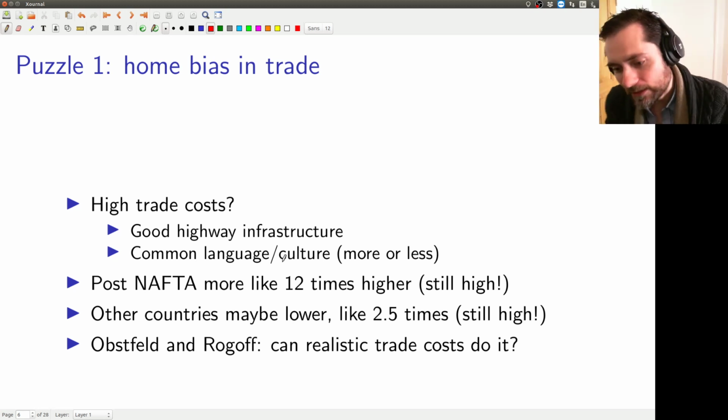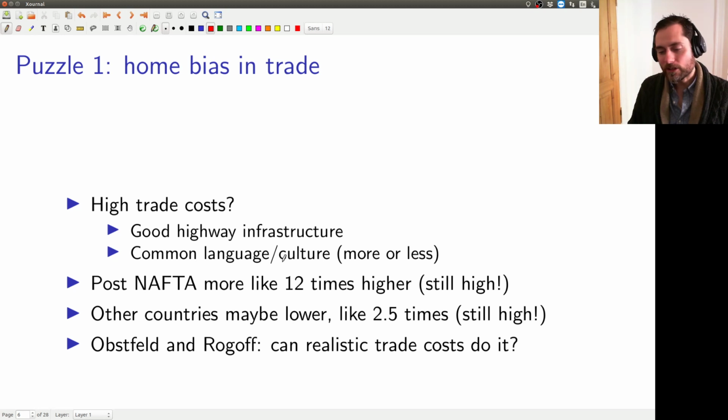So and then here I say other countries, maybe it's lower. I think that they've done similar studies like this, but for the EU.